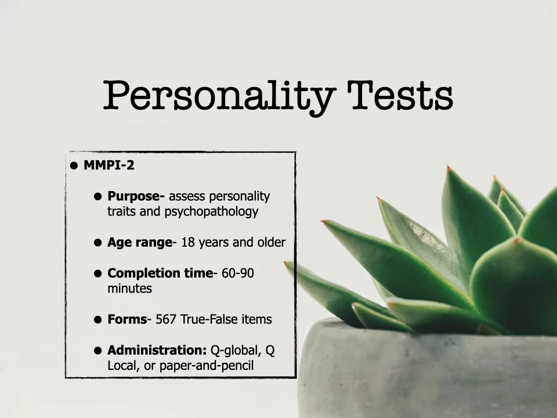Completion time usually takes 60 to 90 minutes, and it's quite a long test. It is composed of 567 items. For each item, the clients will just be asked whether it is true of them or not true of them, so they would answer either true or false.